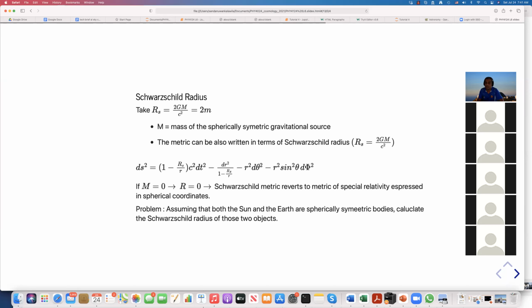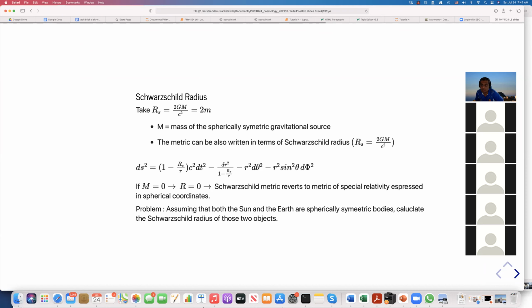Right, there is a question for you, and the time is 7:40. So I want an answer from you before I continue from this point. And this is not a difficult calculation. Assuming that both the Sun and Earth are spherically symmetric bodies, calculate the Schwarzschild radius of those two objects.